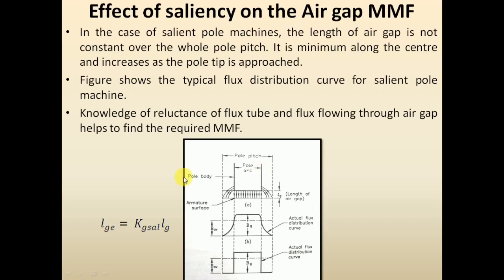The effective length of air gap can be said to be LGE is equal to kg saliency into actual length of air gap at the pole center. That is shown here. This is the flux distribution curve. It's very clear that the flux is maximum at the pole center, and as we are moving away from the pole center, the flux distribution is decreasing towards both the sides.